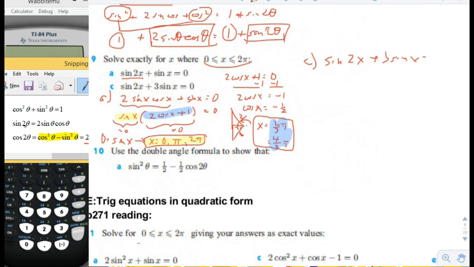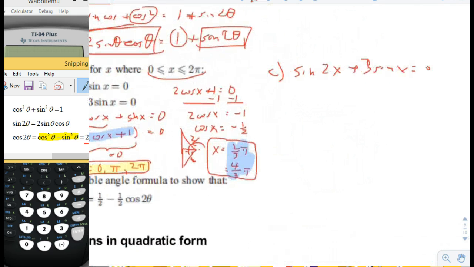So again, we're going to expand this. Instead of sine of 2x, we're going to have 2 sine of x cosine of x, which is the double angle identity. And we're going to add 3 sine of x equals 0. And then we're going to factor out a sine of x. So we're going to have sine of x times 2 cosine of x plus 3 equals 0.